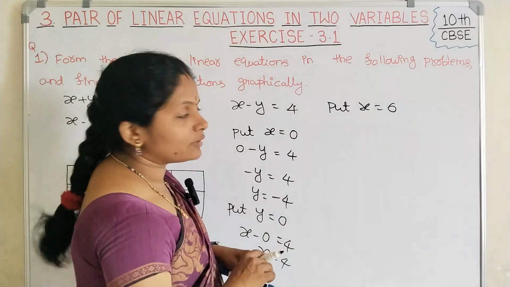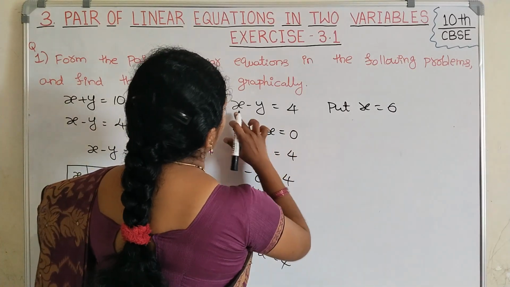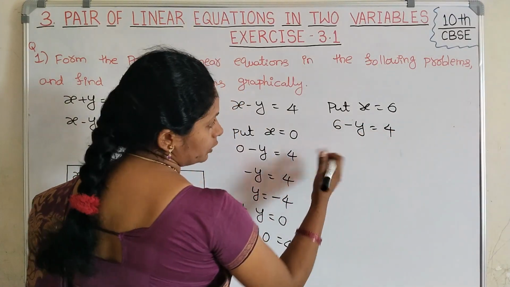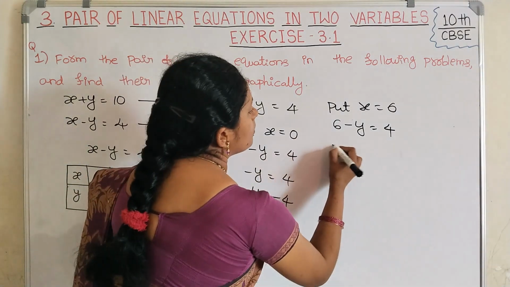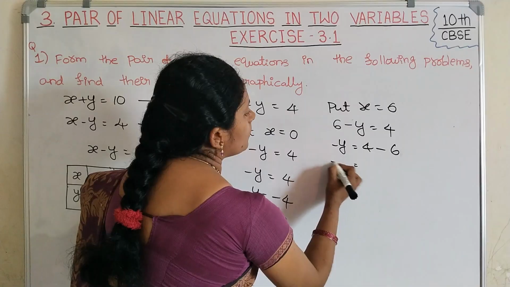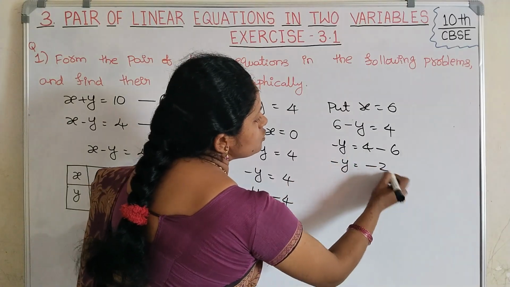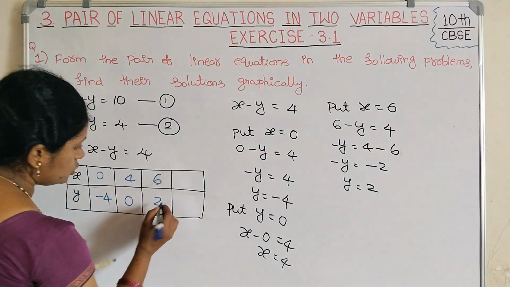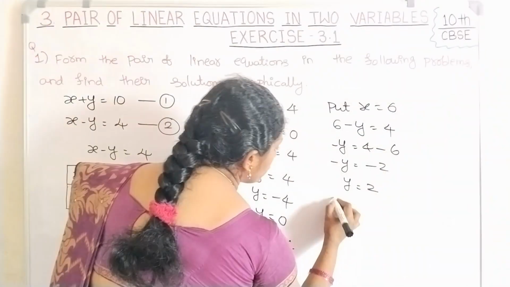Then what do we get for the value of y? 6 minus y equals 4. We want to get the value of y. Minus y equals 4 minus 6, minus y equals minus 2, so y equals 2.